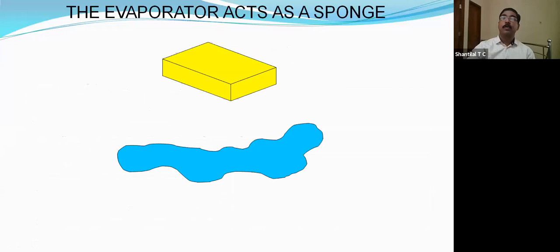A small example I am showing to you. Here a sponge and some liquid will be there. This sponge is absorbing this liquid, and this liquid is vanishing. Like in the evaporator, the low pressure liquid refrigerant is passing.